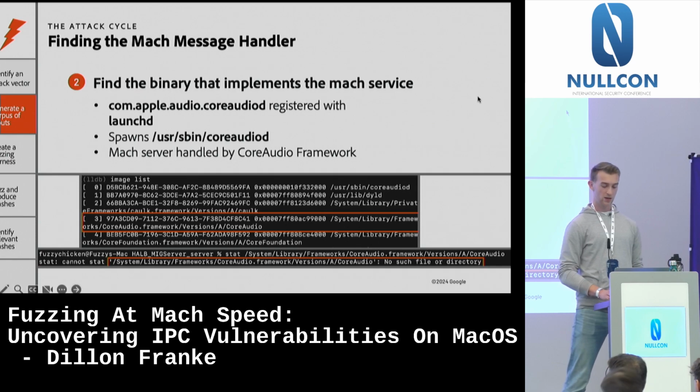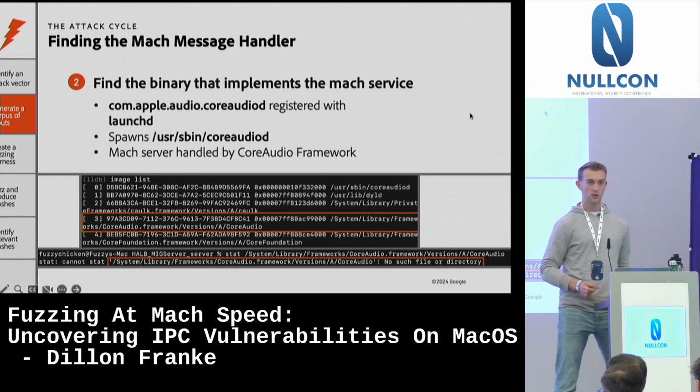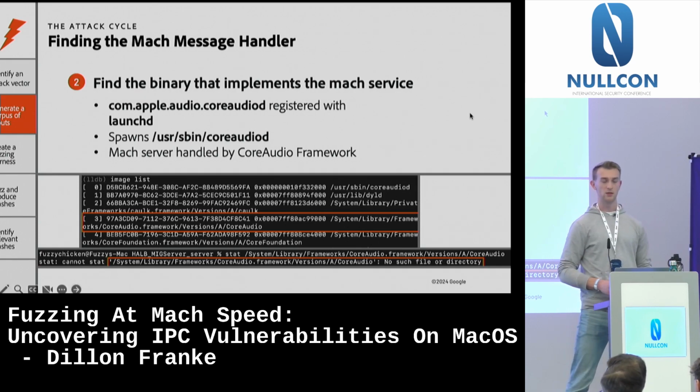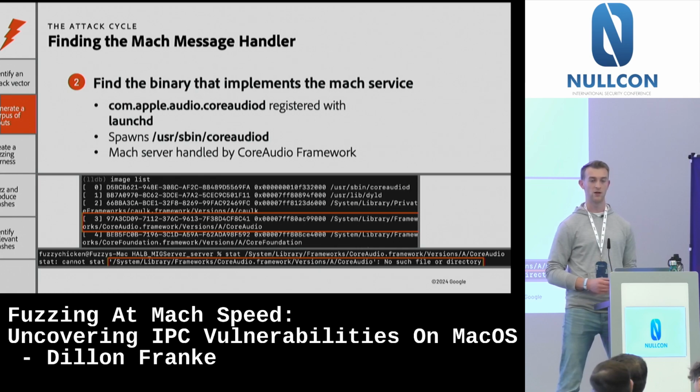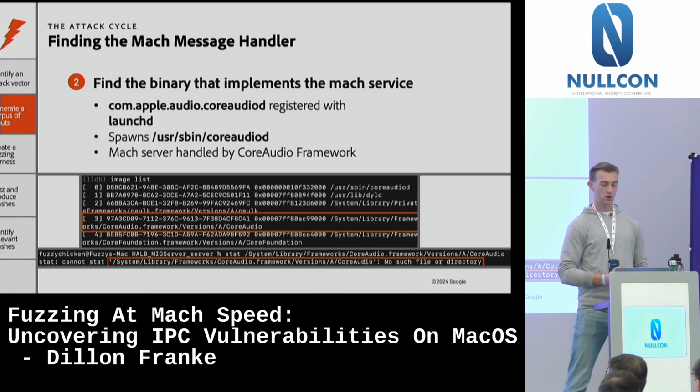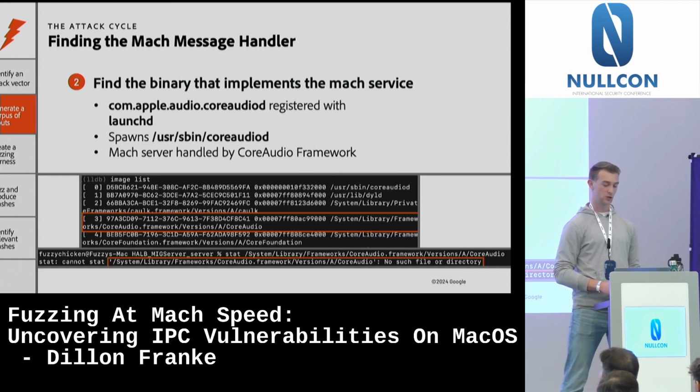So the next step is, okay, we know we want to target the Core Audio D service, but now we need to actually find the binary that implements it so we can start reverse engineering it and figure out how to call that message handler. If we look into this, we see that Core Audio D is registered with launchd.